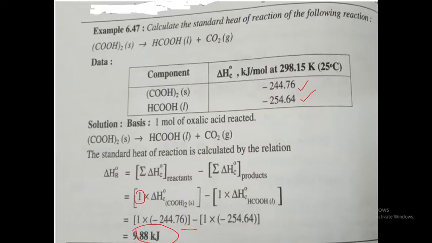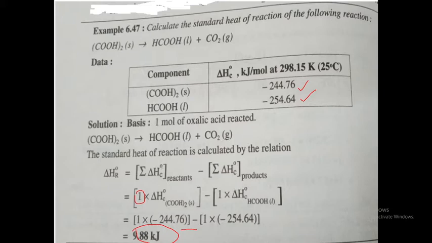Hello students, we are going to discuss standard heat of reaction from standard heat of combustion problems. First problem: calculate the standard heat of reaction of the following reaction: oxalic acid dissociates to produce formic acid and carbon dioxide.